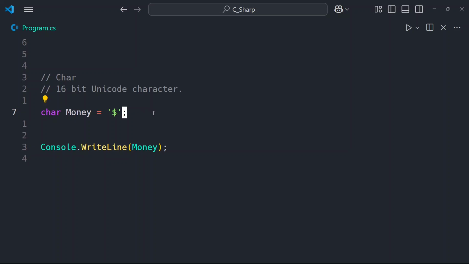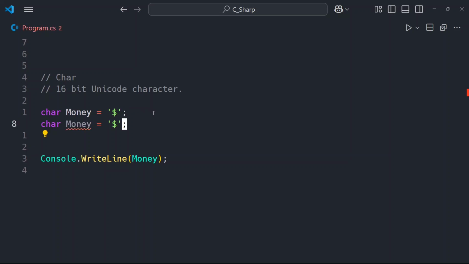Let's actually just create, if I turn this into a double quote, like this, and I save it, you see it's not gonna work.